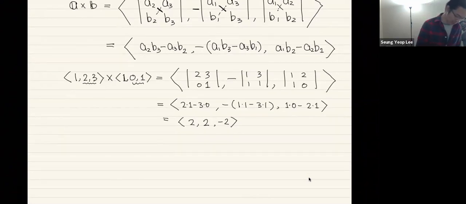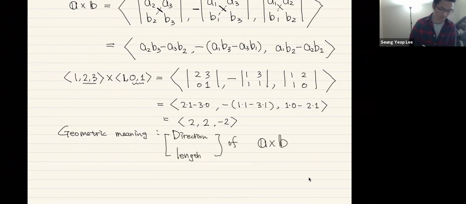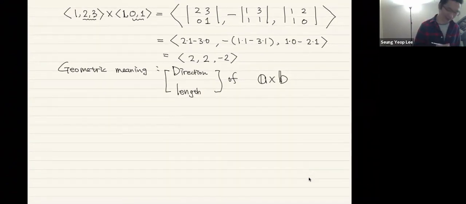Okay, now the geometric meaning: the direction and the length of this cross product. What is the direction of this new vector and what is the length of this new vector? The direction is given by the right hand rule.